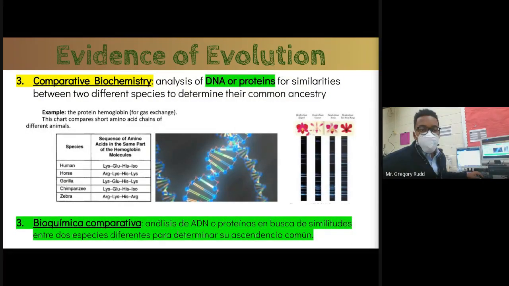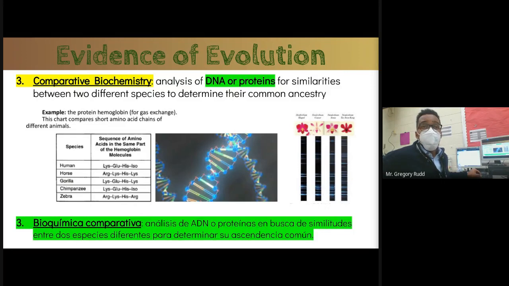Okay, the third source of evidence is called comparative biochemistry. This is potentially the most important source because it's very, very accurate. It's very precise. Comparative biochemistry is analysis of DNA or proteins for similarities between two different species in order to determine their common ancestry.